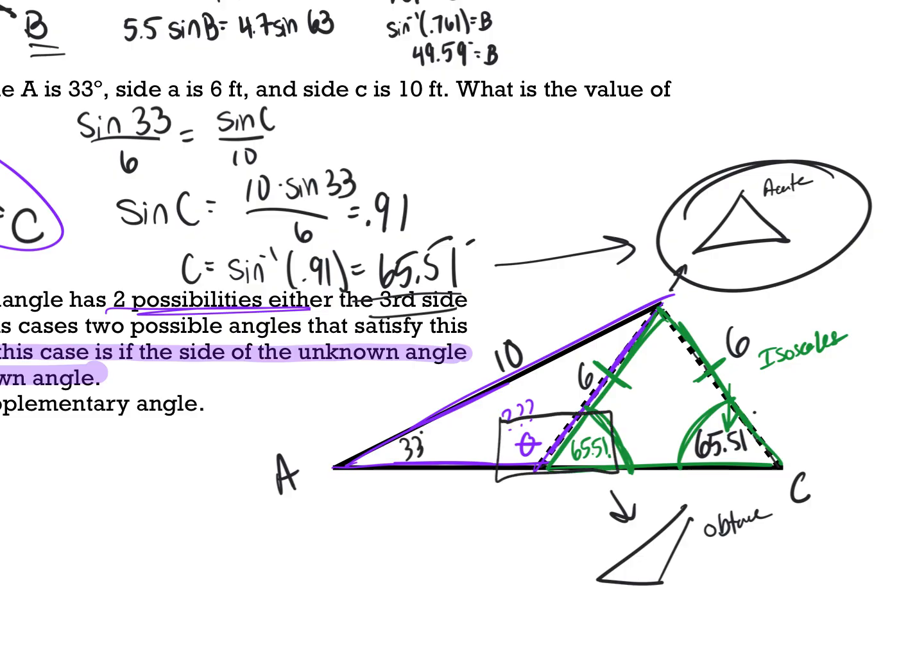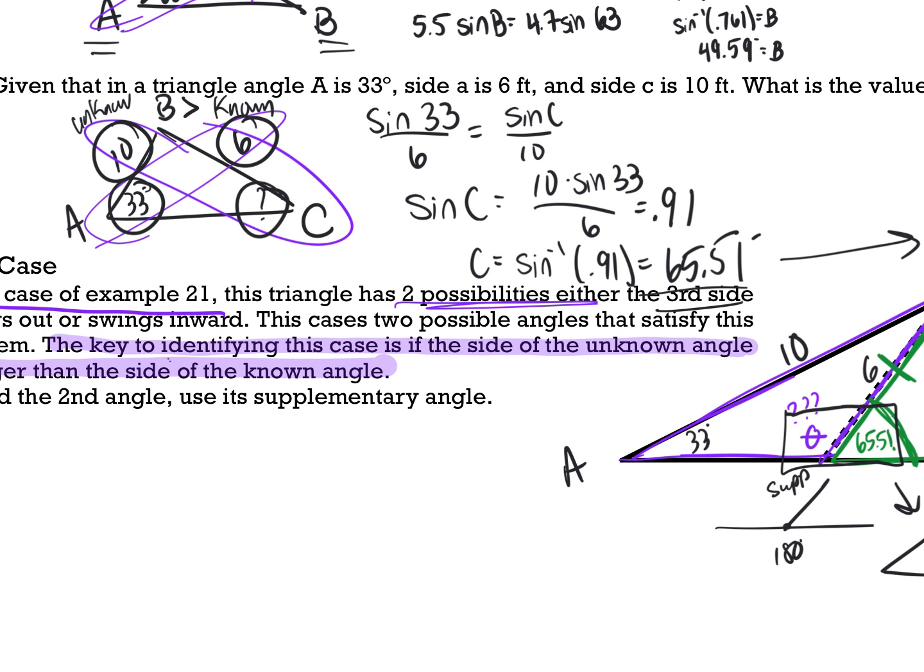So really it comes down to what is the relationship of these two angles. And if you remember in geometry, two angles with a shared side have to be supplementary, which means they have to add up to be 180. So if you're looking for the ambiguous angle, first identify that the side of the unknown angle is bigger than the side of the known angle.